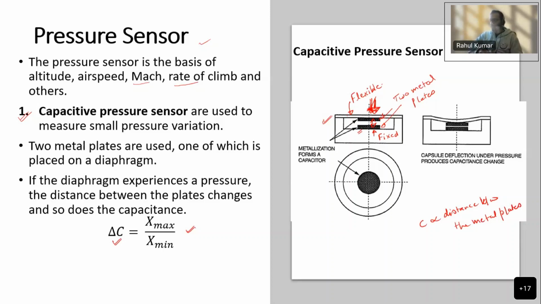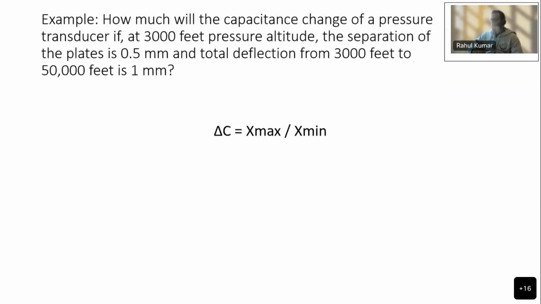It is given by the maximum change in capacitance, which is the ratio of the maximum distance between the plates to the minimum distance between the two plates. So let's use this formula to calculate some value or use it to solve a numerical.